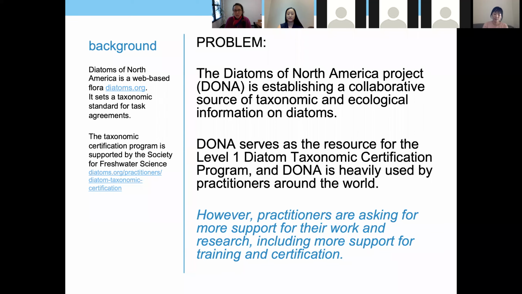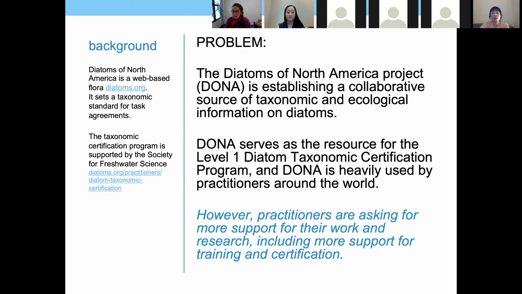What I will start off with is this problem: the Diatoms of North America project, which we call DONA for short, is establishing a collaborative source of taxonomic and ecological information on diatoms. It has come to serve as the resource for the Level 1 Taxonomic Certification Program, and it's also heavily used by practitioners around the world.